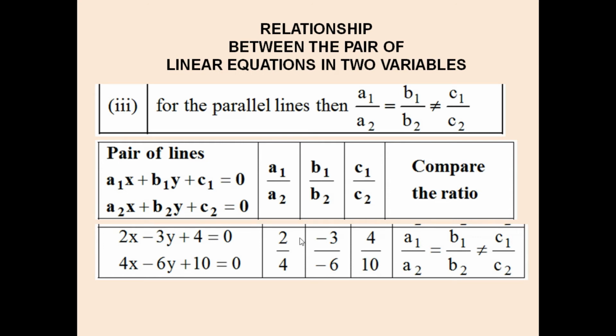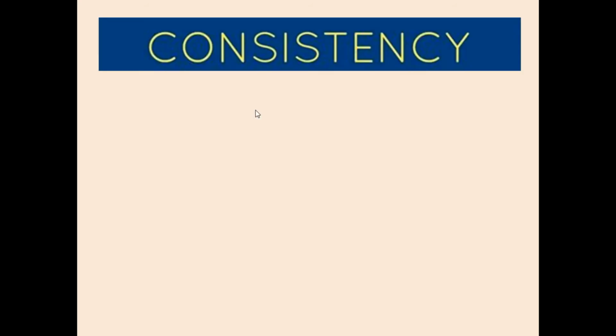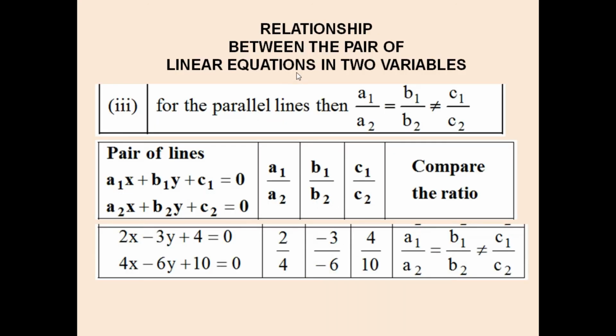So we observe here that the first two ratios are equal to each other, but they're not equal to the third one. Hence, when the first two ratios are equal but not equal to the third, the given relationship is that of parallel lines. Now, an important thing to observe here.